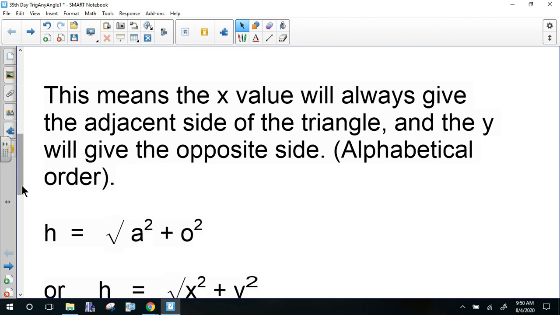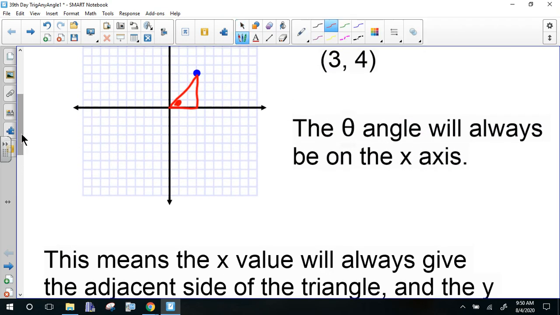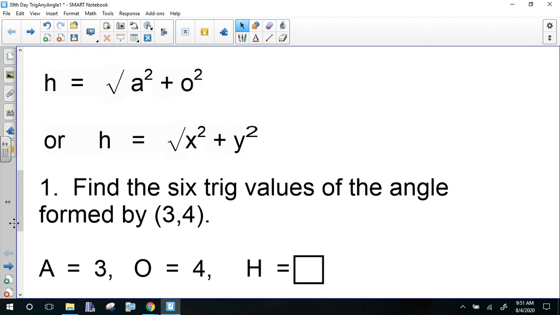That means the x value will always give the adjacent side of the triangle and the y will always be the opposite side. Okay, so here's the adjacent, here's the opposite. We can use a form of the Pythagorean theorem, which we've already done, to figure out what the hypotenuse is.